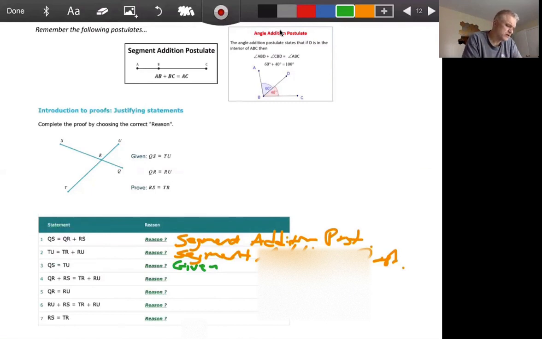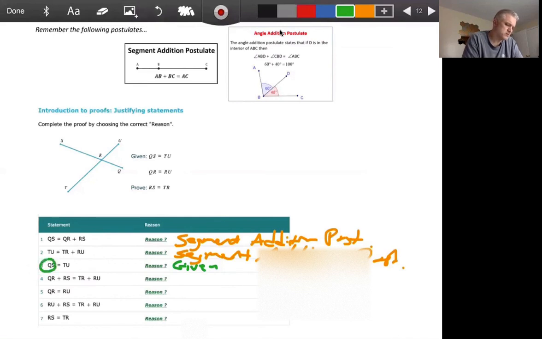You've already written QR plus RS. Okay. But now you've also got TR plus RU. Okay. Well, that's pretty cool. But how did they get there? They got there from this. Look at number 3.